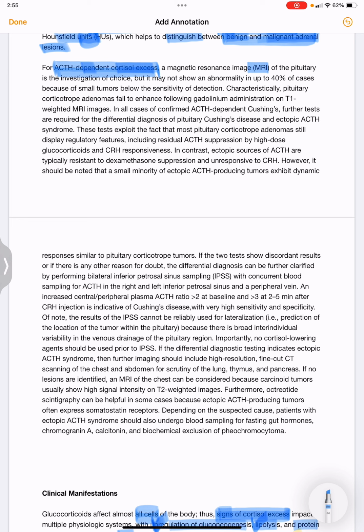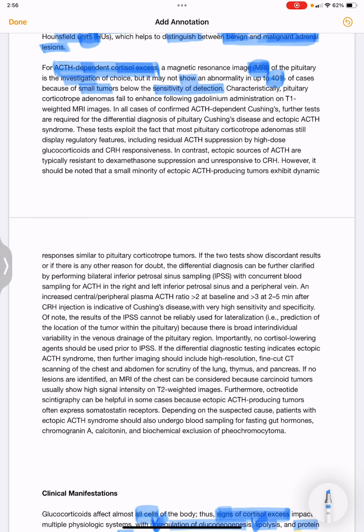But though ACTH is high, this MRI may not show an abnormality in up to 40% of cases, because small tumors are below the sensitivity of detection. If there are small tumors, MRI may not show the lesions in the pituitary in 40% of the cases.